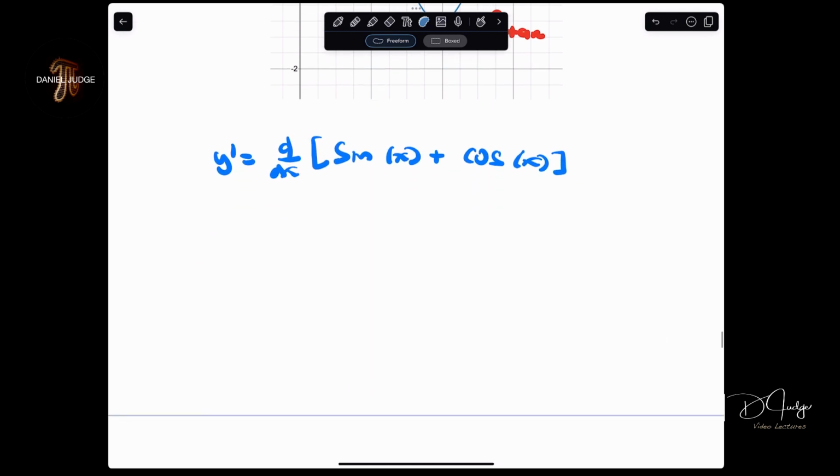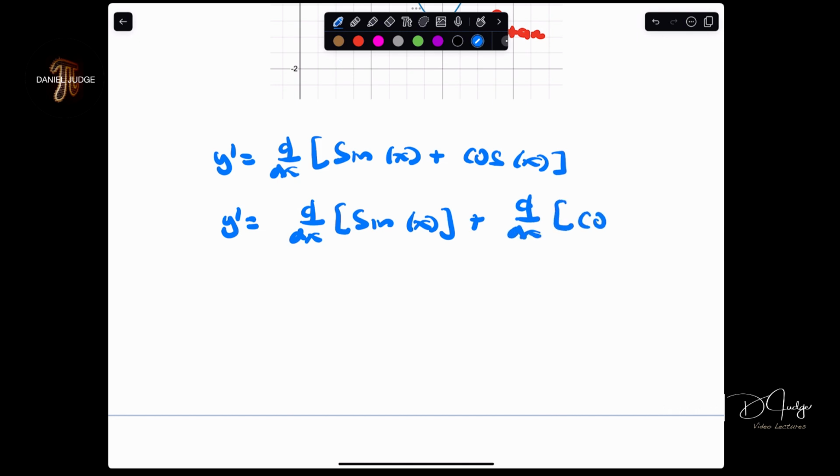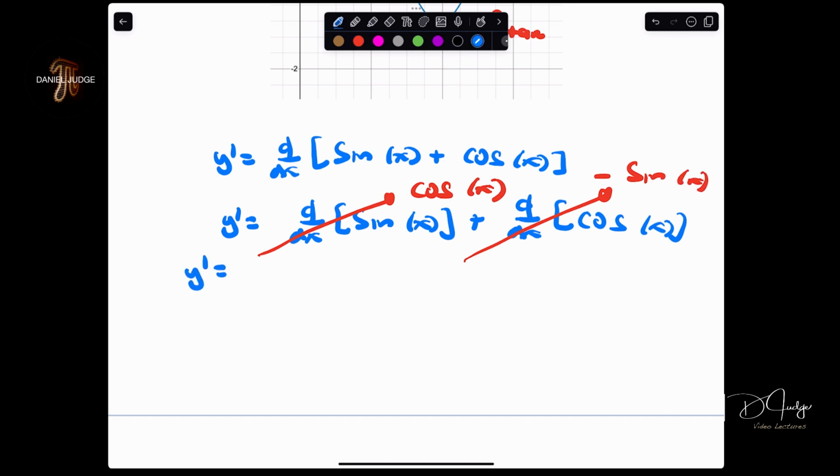Using properties of derivatives, y prime is going to be the derivative of sine plus the derivative of cosine. The derivative of sine, by the way, is in fact what? Cosine. And the derivative of cosine is minus sine. So my derivative is cosine minus sine.